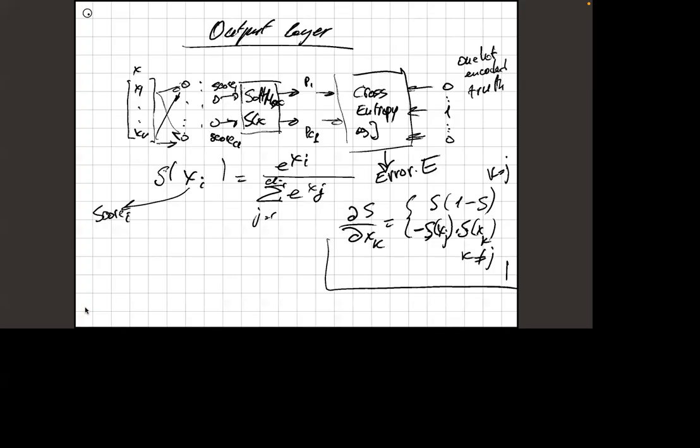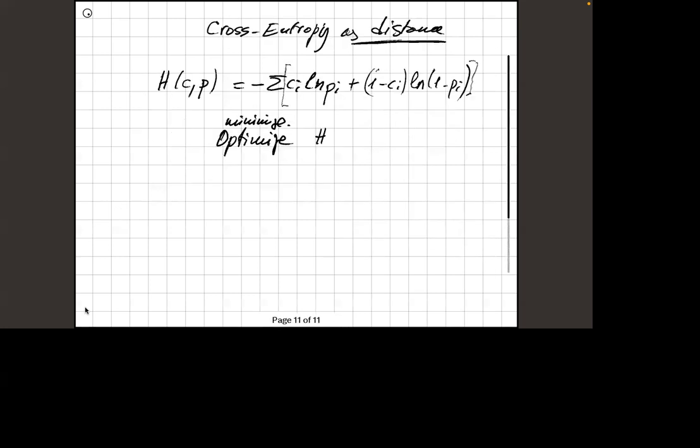To do that, you first compute dH by d scores and pass it through. These scores you get to via the softmax function, so by the chain rule.